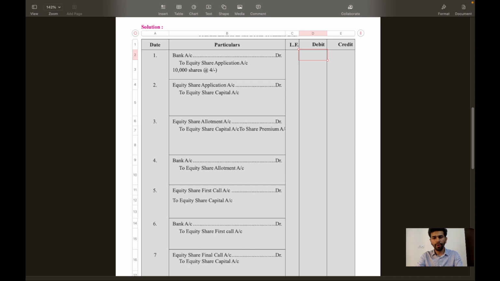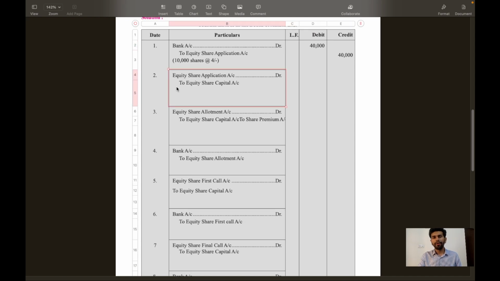The amount will be 40,000 rupees. Entry will be bank account debit to equity share application account. Application money received in the bank. So bank is the receiver, bank account debit. Amount will be 40,000 rupees, 10,000 equity shares of 4 rupees each.